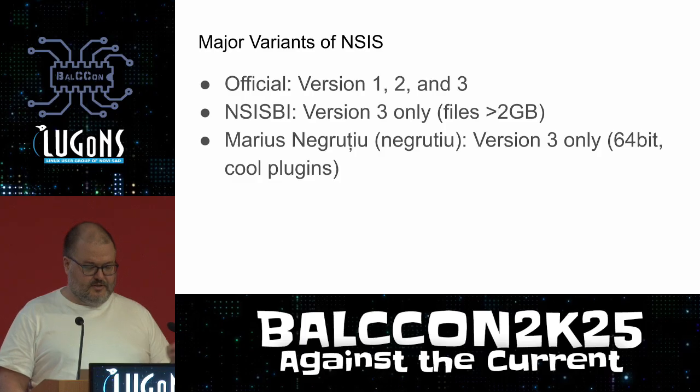There are a couple of different major variations of NSIS. There's the official version, versions 1, 2, and 3. There's another one called NSIS BI, which is big files, so it can handle files over 2 gigabytes. This was mainly developed because game developers needed to distribute games with really big files, because video and audio and all this sort of stuff can't fit in the official NSIS.